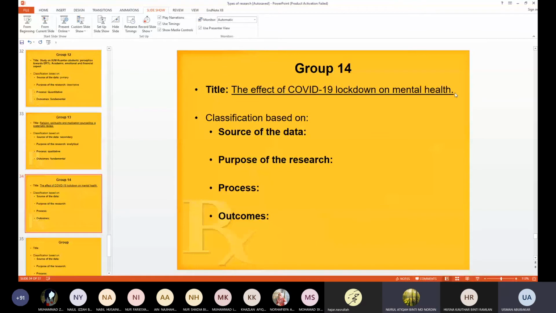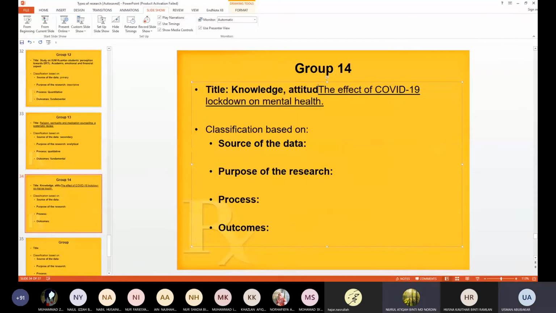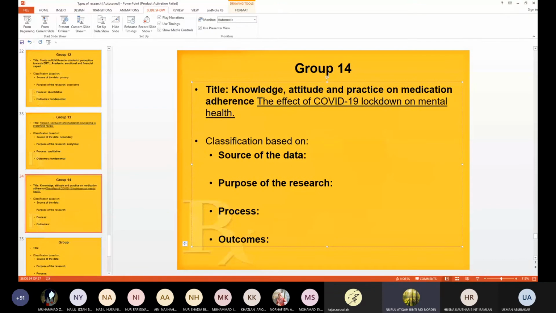The new proposed title is Knowledge, Attitude, and Practice on medication adherence among public and patients with diabetes in Malaysia, a comparative study.